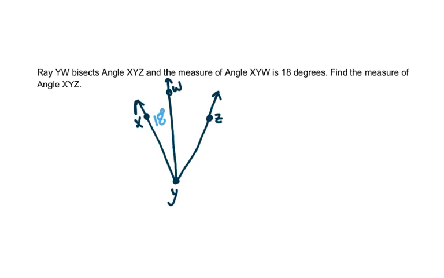So it says find the measure of XYZ. That's the whole angle. So what I do is, it bisects it, huh? Okay. That means these two parts must be congruent. Bisect means cut exactly in half. That means this is 18. And 18 plus 18 is 36.